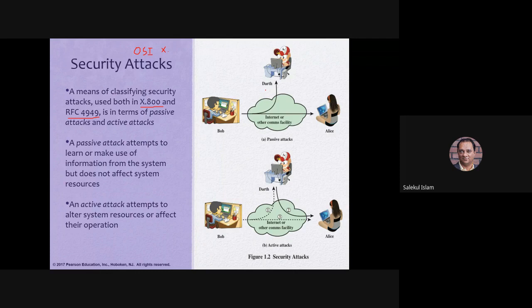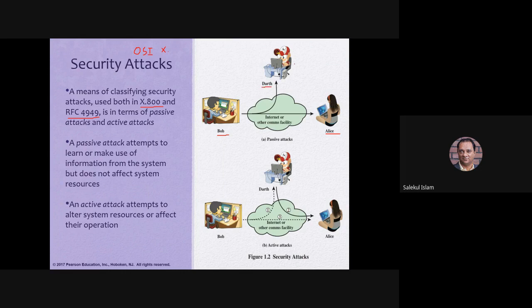they have given two diagrams. In case of passive attack, here we have Bob and we have Alice. Bob and Alice are honest and they are naive. Sometimes we also use the word naive. They are honest, they are naive, they are regular users, and Dart is the attacker.